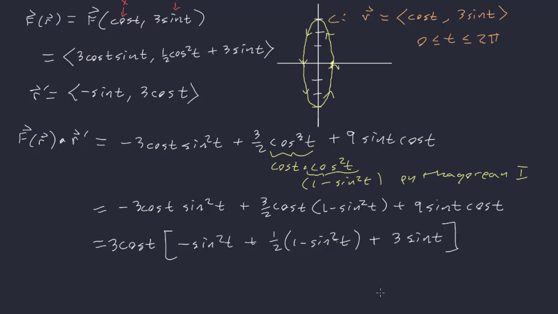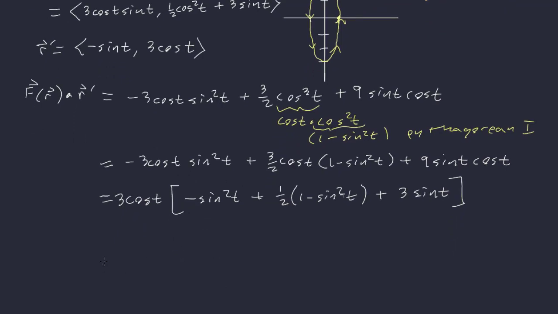Okay, now the reason we would want to do this is because now I can set up a U substitution, because if I let U be sine, du is going to be cosine. All right, so now we can set up that integral. Again, this seemed really disgusting at first, but let's see what we get here.